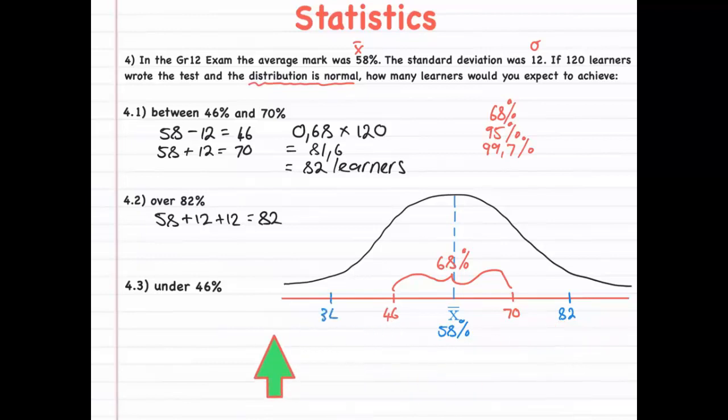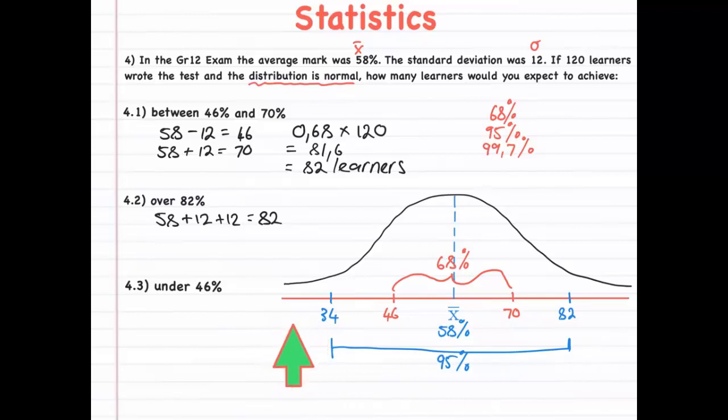So there's 34. From this point here all the way to that point there, we will find 95% of our learners, or 95% of the marks. That basically means that on the outside of these two, 5% remains. But we don't want to know how many got below 34.